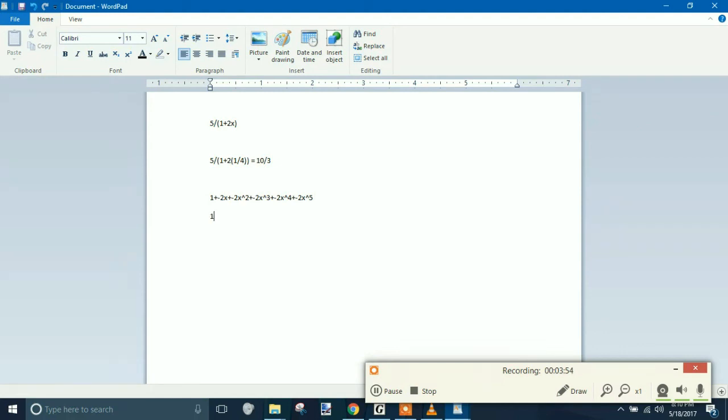And that's going to end up with 1 minus 2x plus 4x squared minus 8x cubed plus 16x fourth plus 32x to the power of 5.